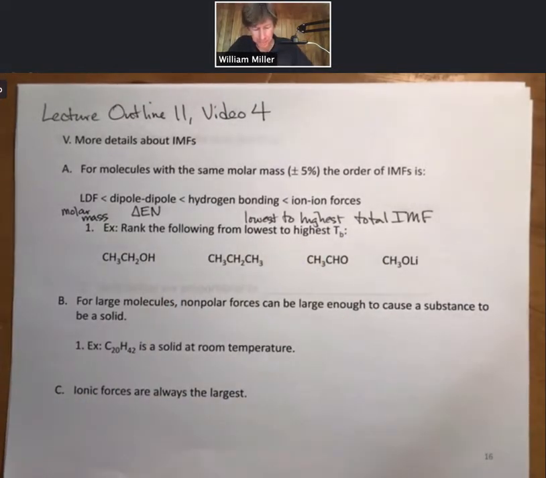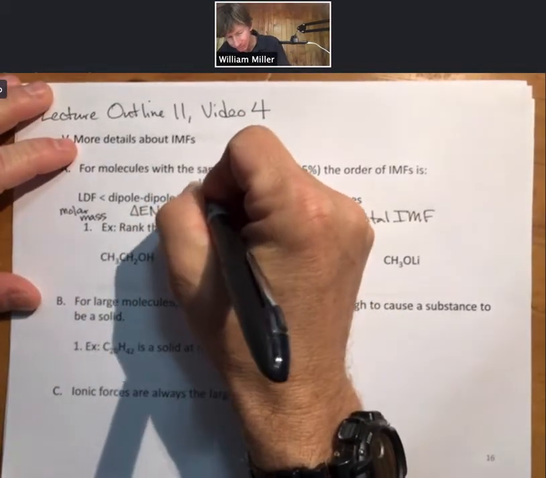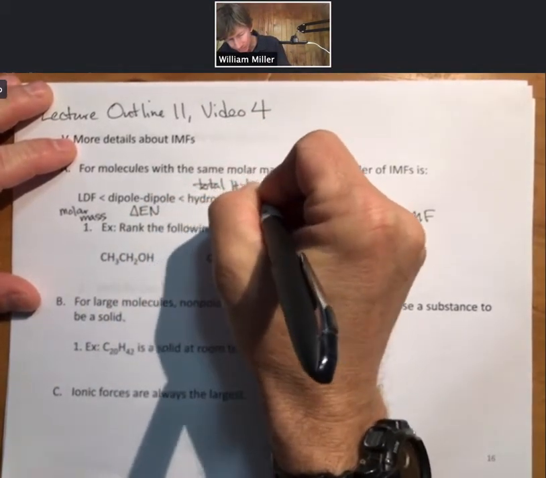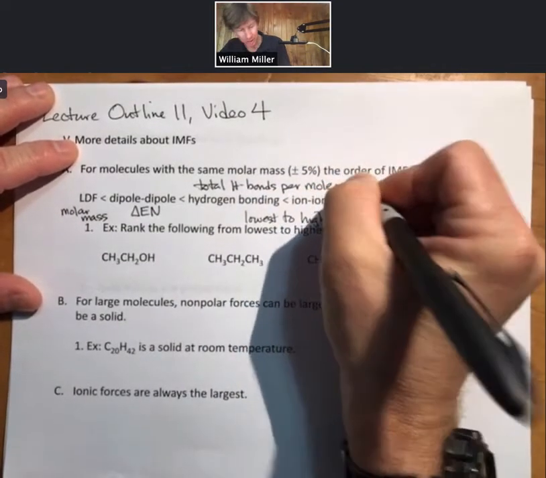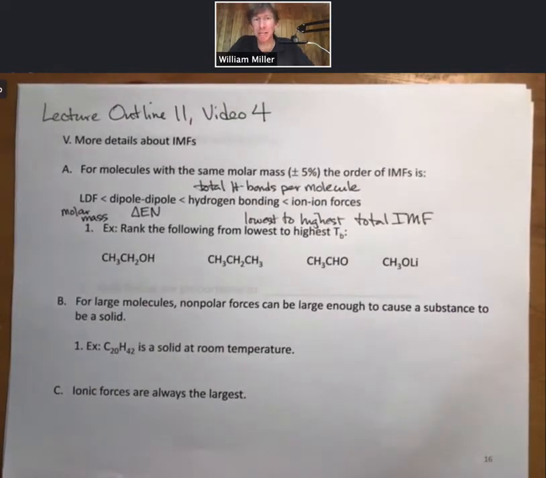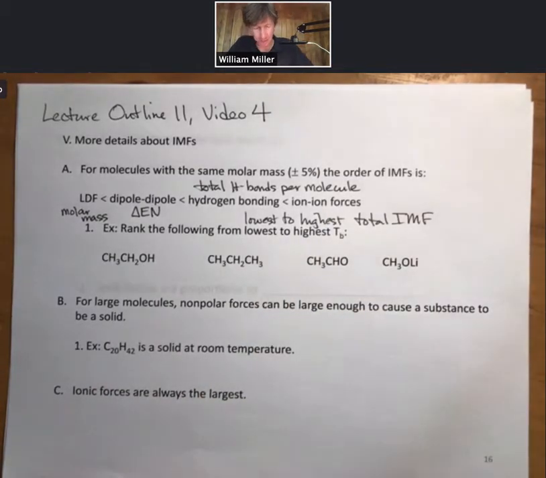Hydrogen bonding, again, almost never run into cases where you have two things that are hydrogen bonding, but if you did, you would look to the total number of hydrogen bonds per molecule. So if one has one hydrogen bond and the other molecule can form two hydrogen bonds with other molecules, then the one with two hydrogen bonds possible per molecule would be larger. And ion-ion forces trends is something we're about to talk about.